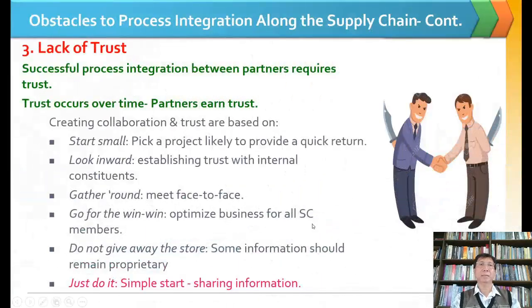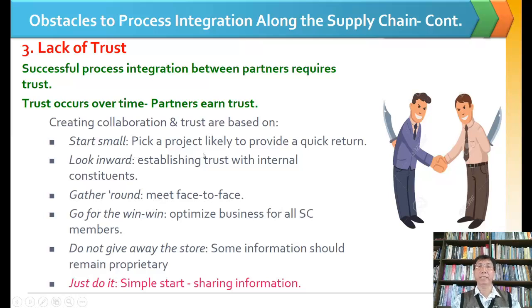The next is lack of trust. Successful process integration between partners requires trust. Trust occurs over time. Partners earn trust. Creating collaboration trust is based on starting small. We can start small.